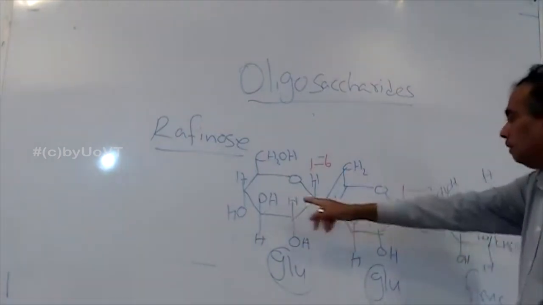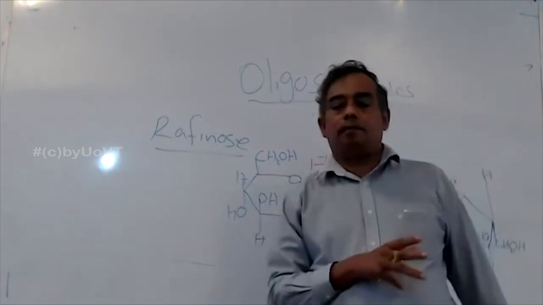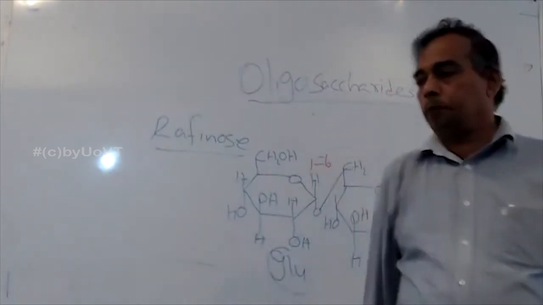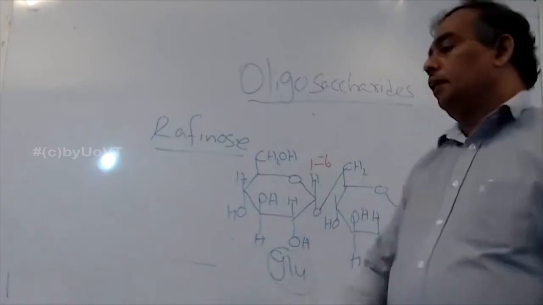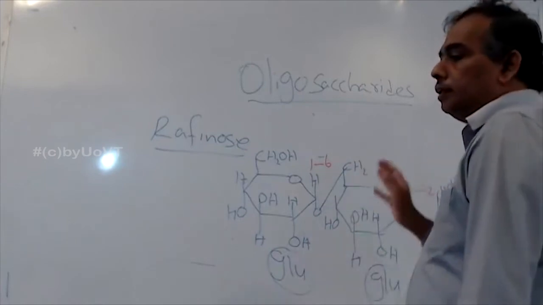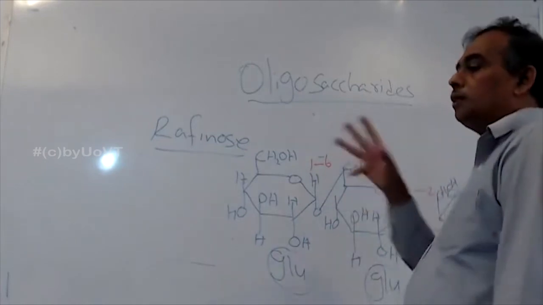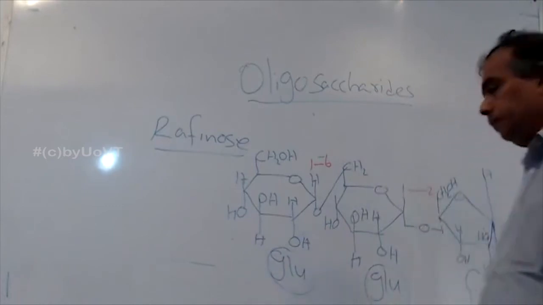So for the whole molecule, if you try to check the availability of free anomeric carbon, no free anomeric carbon is available in the molecule. All free anomeric carbons are engaged with the bond.